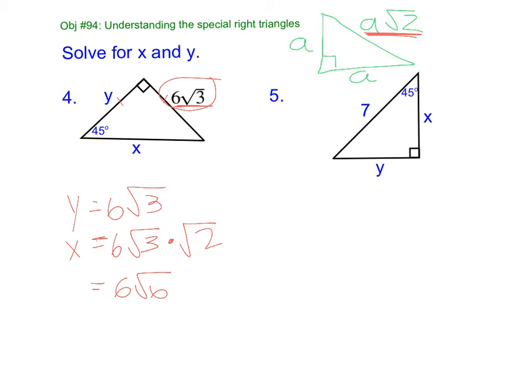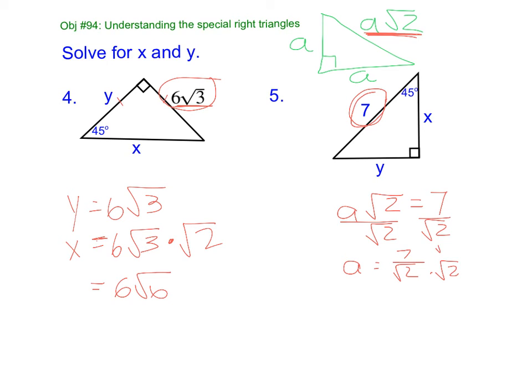Now, number 5 is the hard one. You ready? So our hypotenuse is 7. So a root 2 equals 7. So what does a have to be then? Well, I'm going to divide both sides by root 2. 7 over root 2. Remember, you're not allowed to leave it like that, so we're going to rationalize our denominator.